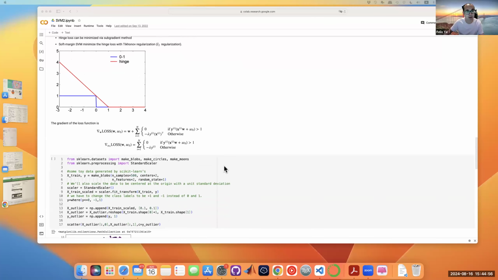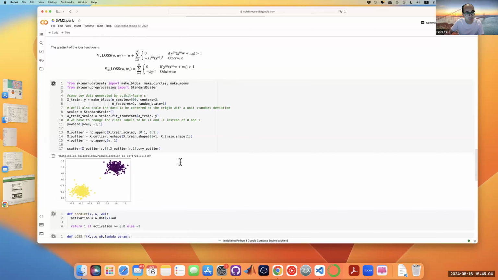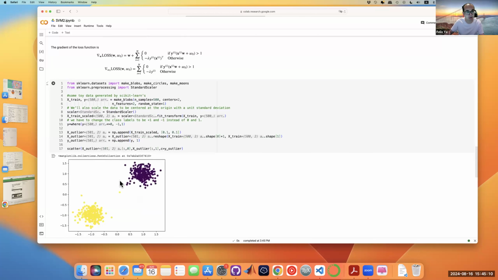So this is what we have right here. I'm going to run this. This is the same data set that we already have, but with an outlier point. You can see this is my outlier.